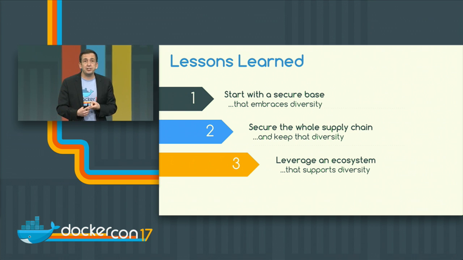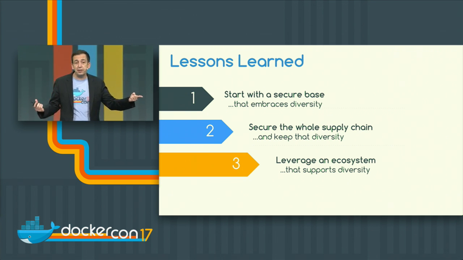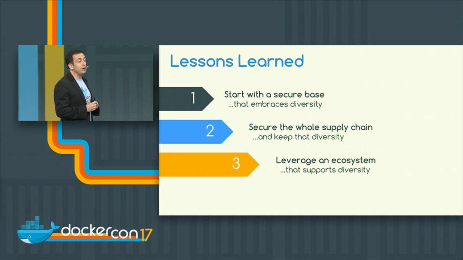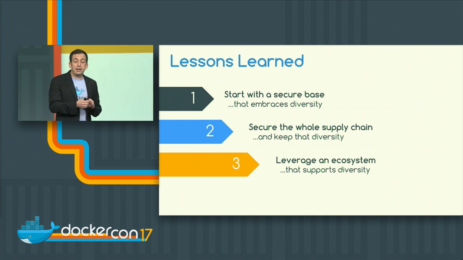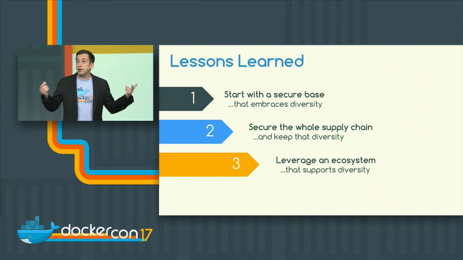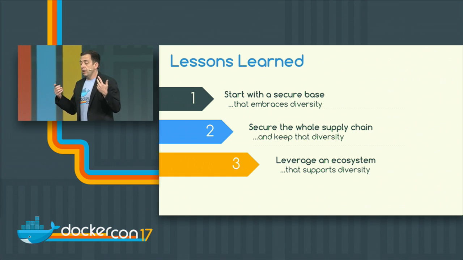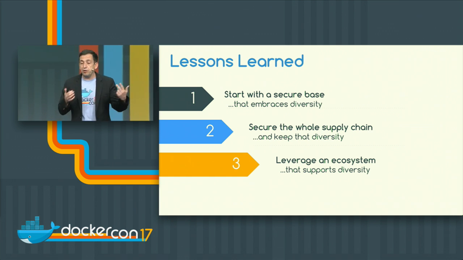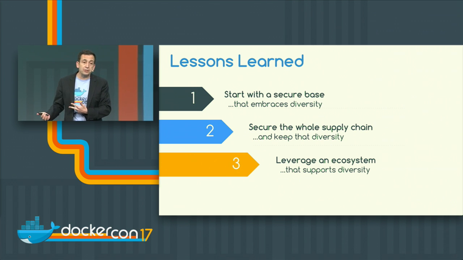Start with a secure base and make sure that base understands and embraces the diversity of the environment. Think not only about the base you're putting in place and how you're going to create and deploy containers, but also what the entire supply chain looks like: how you move from development through test and build into production, how you build, ship, and run, and do that in a way that understands you're going to be diverse.